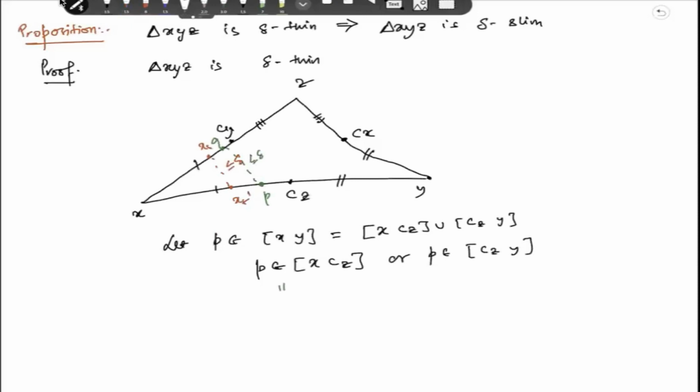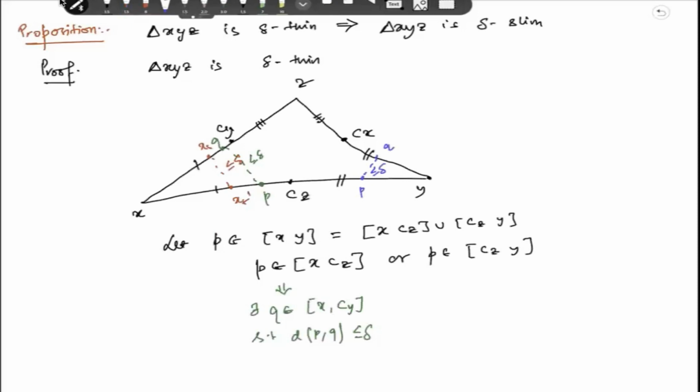So this will imply there exists Q in xcy such that the distance between PQ is less than or equal to delta. And suppose P lies in the geodesic joining CZ, CY. Suppose P is here, again you will get a point Q such that the distance of Y to P is the same as the distance of Y to Q, and this distance is less than or equal to delta.